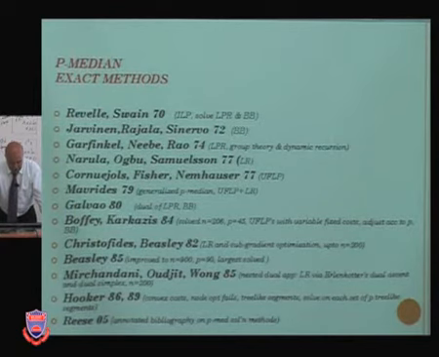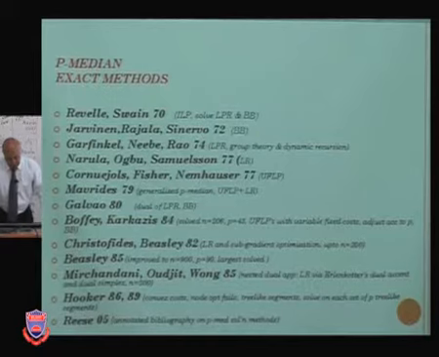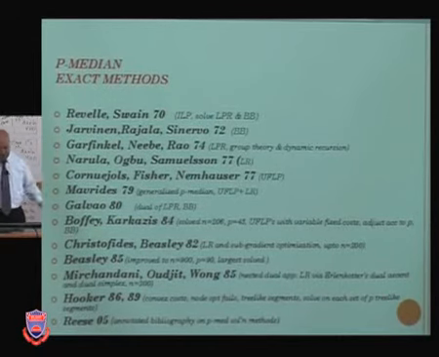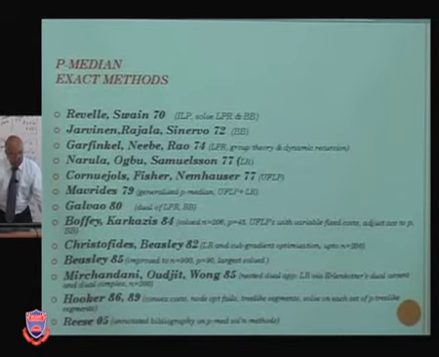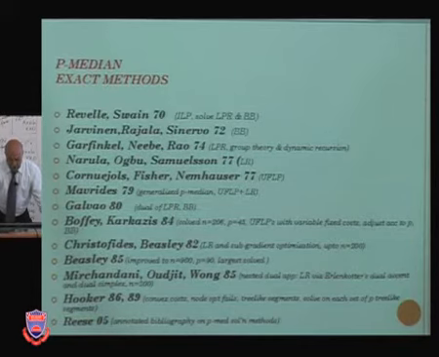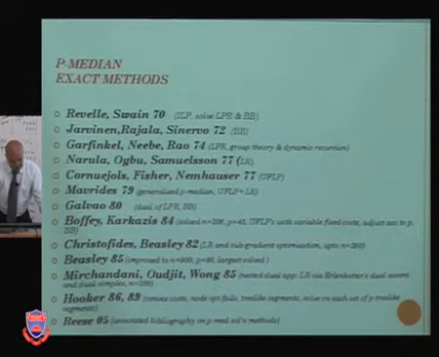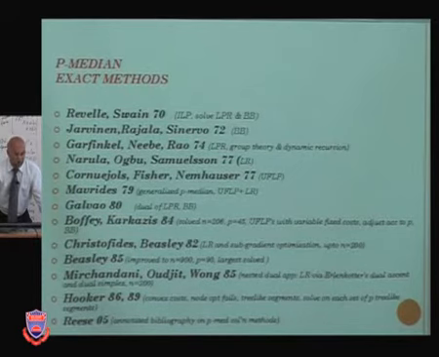Christofides and Beasley, they again used the Lagrangian relaxation and subgradient optimization, and they solved the problem up to n equals 200. Beasley improved this to n equals 900. That's the largest solved to the present time with p equals 90.